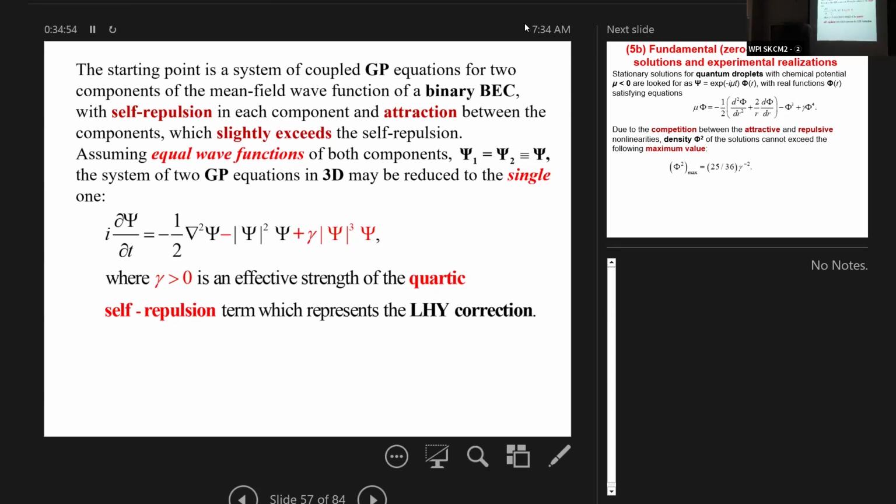And now this equation has a good chance. First of all, it's obvious that it will definitely suppress the collapse because the leading high-order term is self-repulsive. So it will definitely stabilize the fundamental modes without vorticity against the collapse. And therefore, one should be able to predict such soliton-like self-trapped states.